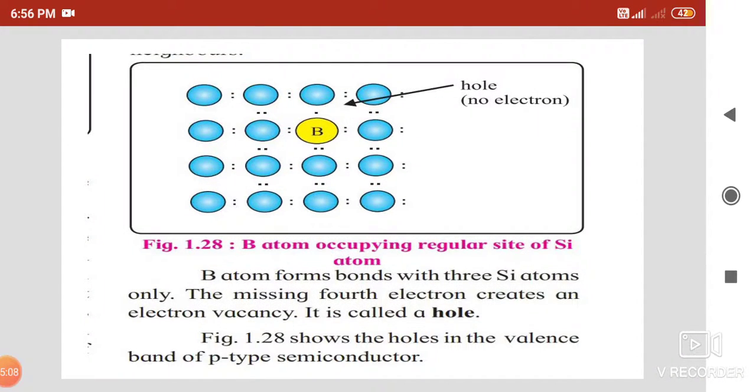So you can see in the figure, it can form bonds with 3 silicon atoms, but because of fewer electrons, it cannot form a bond with the fourth silicon atom. So boron forms bonds with the 3 silicon atoms, and the missing fourth electron creates an electron vacancy, and that electron vacancy is called a hole. So you can see, here the hole is created. Hole means there is a vacancy of an electron, so boron cannot form the bond with the silicon atom.